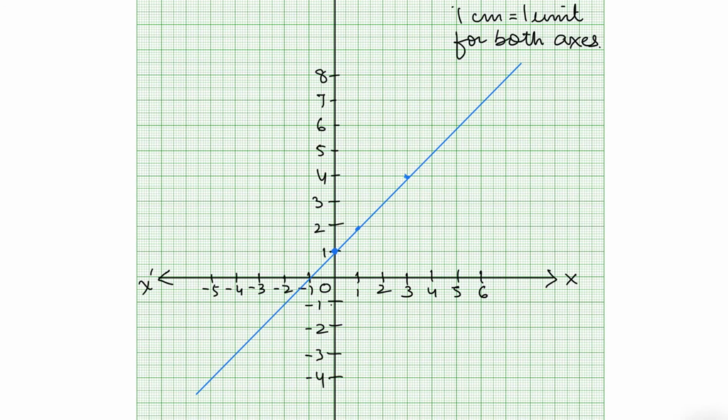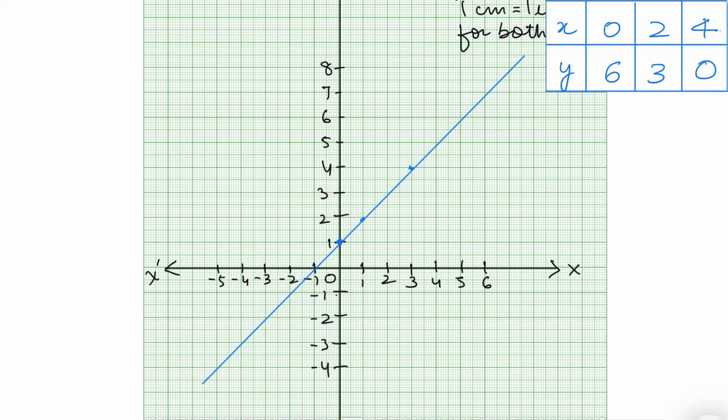Let's mark the points for the second line now. So the first coordinate for the second line is 0 and 6. So this is my first point. Then we have 2 and 3. So 2 and 3, this is my second point, and we have 4 and 0. So this is my third point. So we have marked all the 3 points.